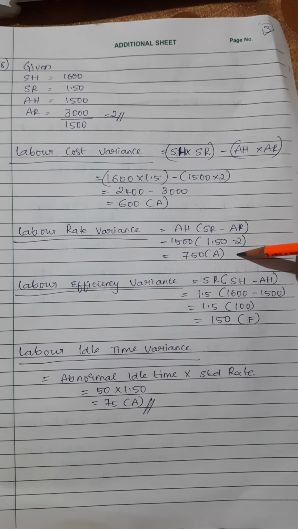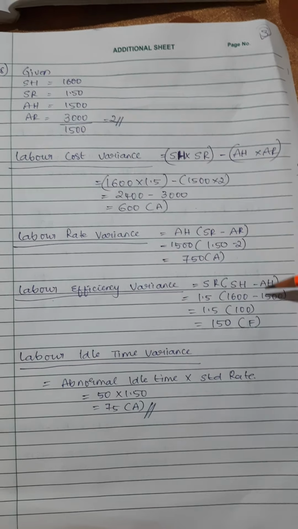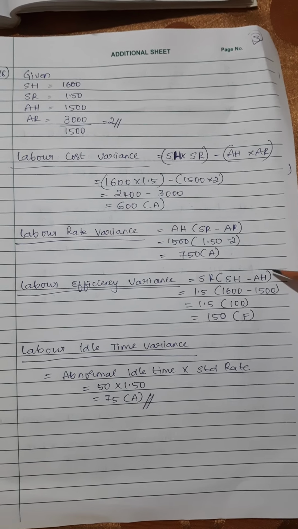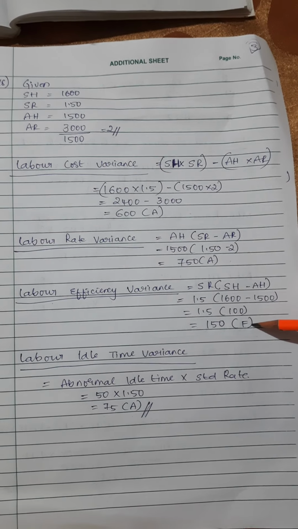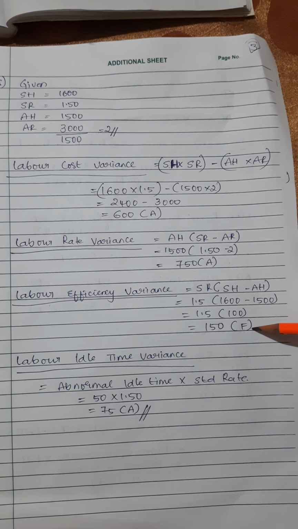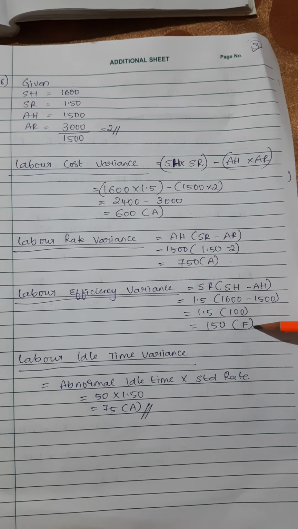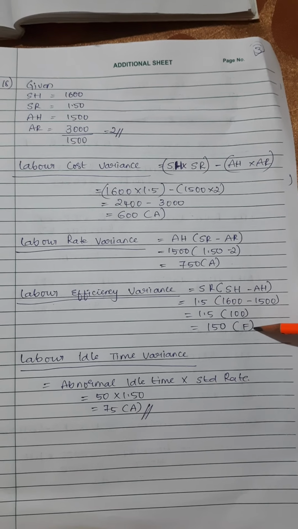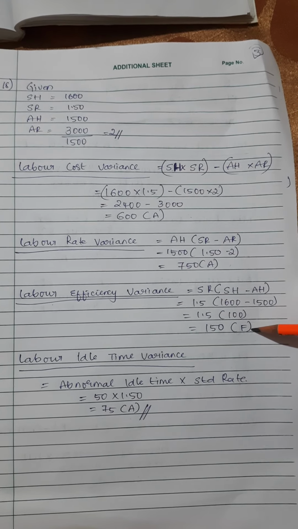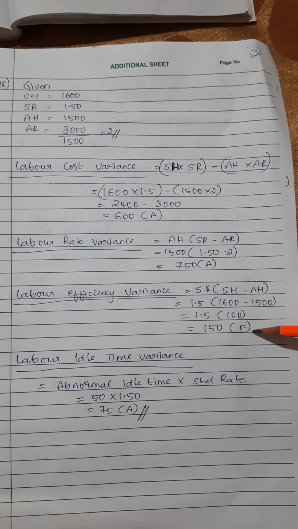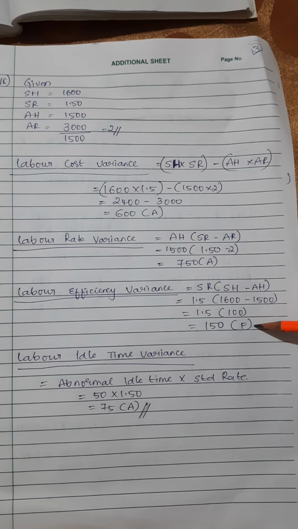Again, it is a negative value, which means it is adverse. Labor efficiency variance, you have the formula here, substitute the value. Here it is 150, which is a positive value, which means it is favorable in nature. Okay, simple. If it is minus value, it is adverse, which is A. If it is plus value, then it is favorable in nature.